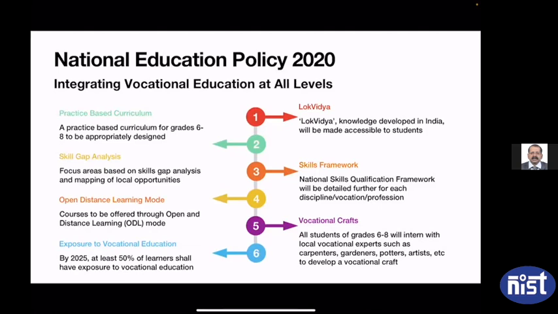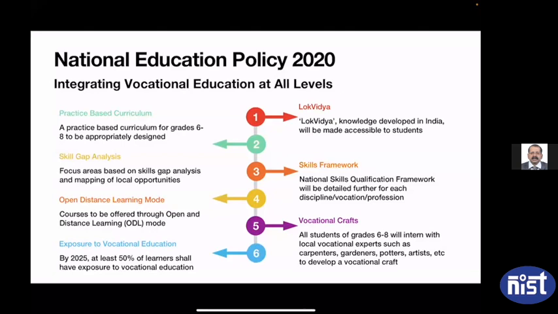And this vocational education could be carpentry, could be painting, could be plumbing, things like this will be introduced for everyone at the school level. Then Lok Vidya, knowledge developed in India, and particularly trying to see the things which have been there in India to be made accessible to all students.